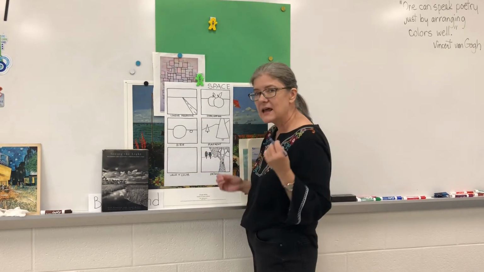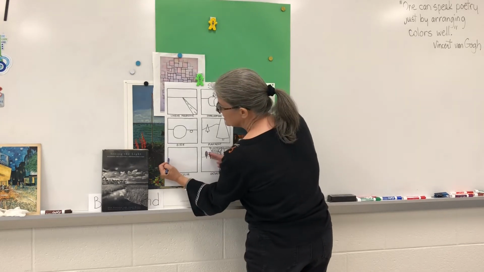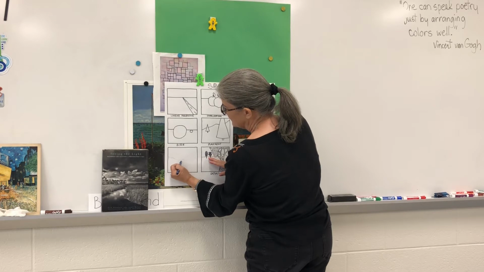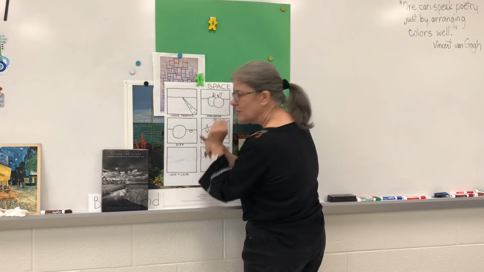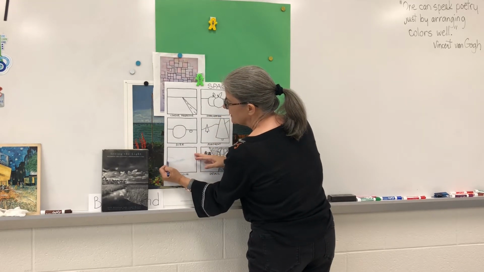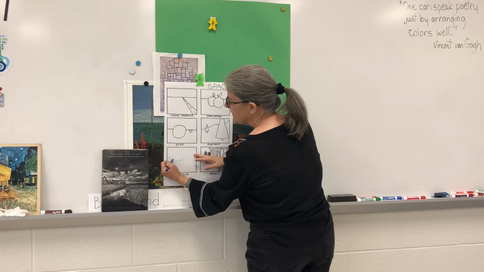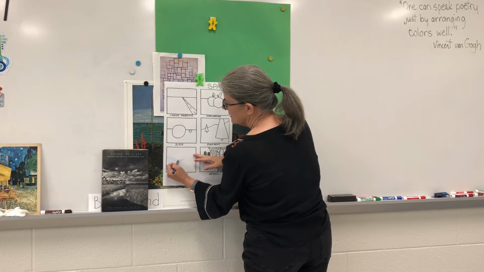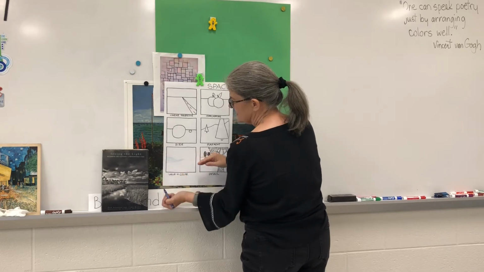And the way that I get a light value is I just color it in very lightly. I'm not using much pressure. I'm resting my hand on the paper right here, and I'm just barely moving it, and I'm being very soft. I'm not pressing hard at all to make this color very light.